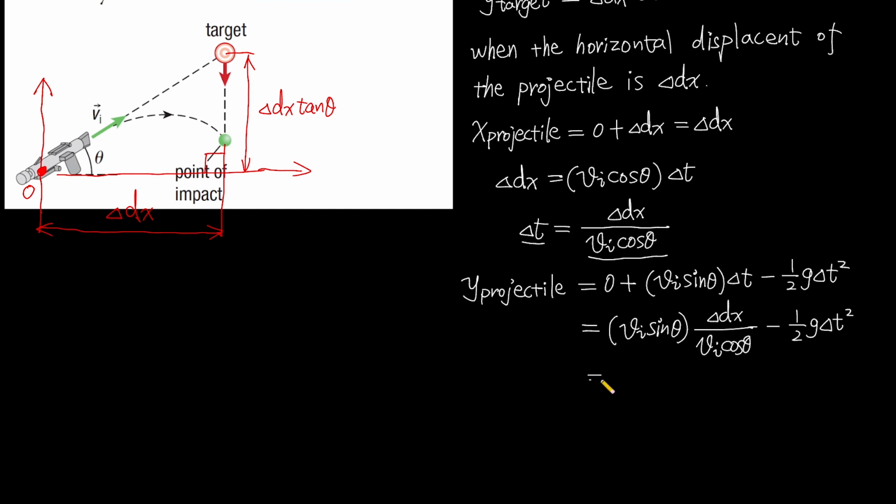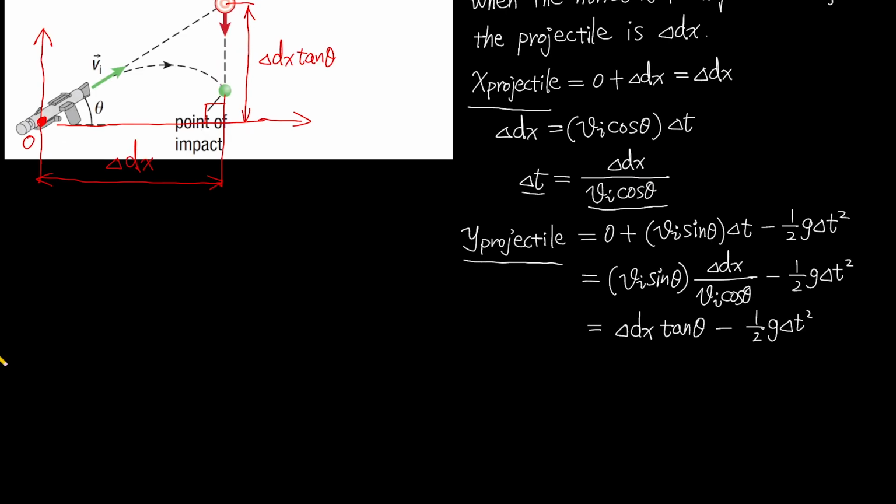Then this equals delta dx, the horizontal displacement, multiplied by tangent theta minus 1 over 2 multiplied by acceleration g multiplied by delta t squared. So this is the coordinate of the projectile when the horizontal displacement is delta dx.